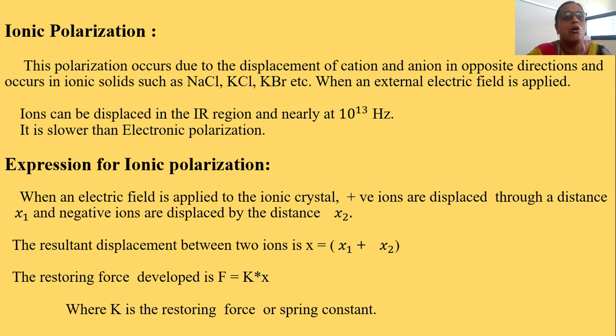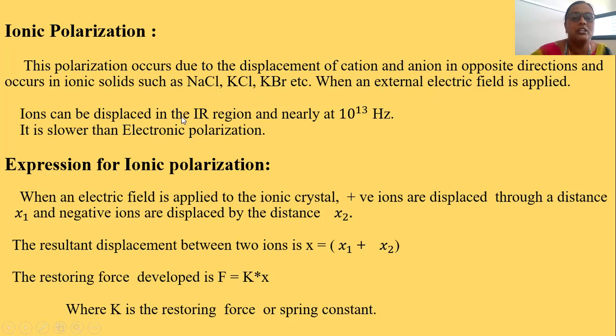Examples of ionic solids are sodium chloride, potassium bromide, etc. This occurs only when an external field is applied. We should remember this, because when we don't apply an electric field, there will be no polarization. But here we have to apply the electric field for ionic solids.